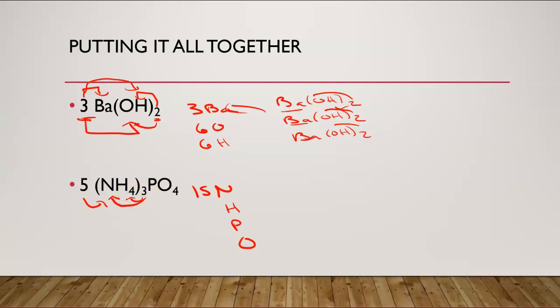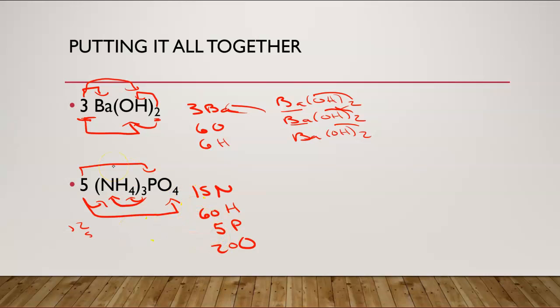And then 12 times 5 is 60. So we have 60 hydrogen. And we have 1 phosphorus. 5 times 1 is 5. And then 5 times 4 is 20. So there's a lot of stuff here.